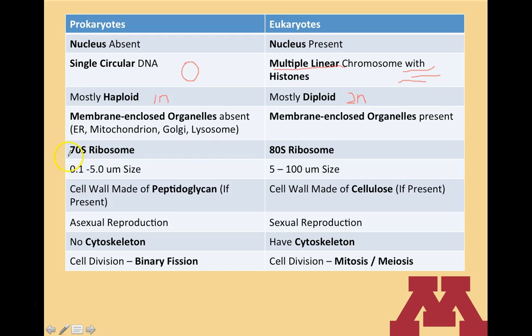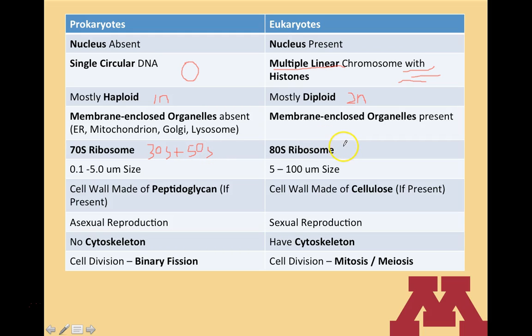Another difference is that prokaryotes have 70S ribosomes. The 70S is composed of 30S and 50S subunits.